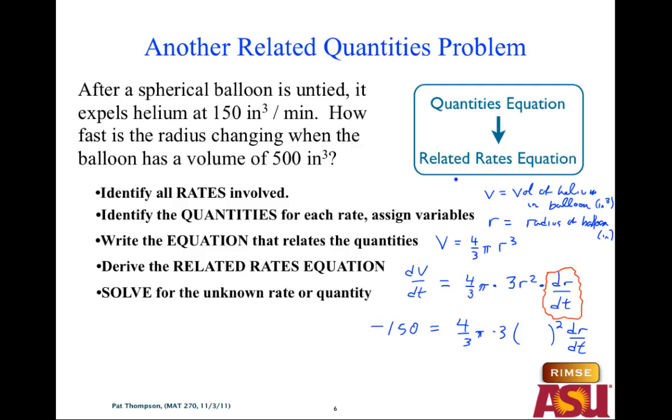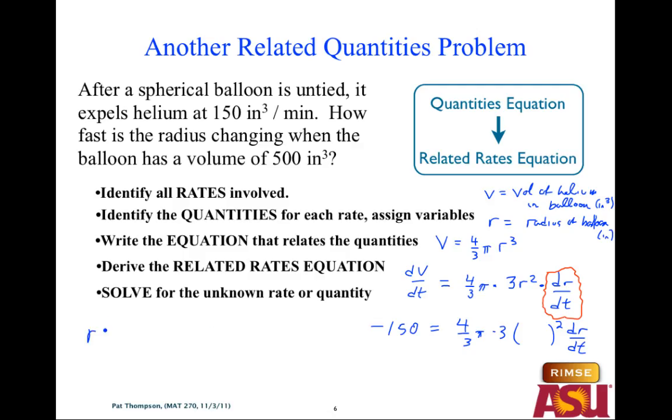Right. So looking back here, we know the volume is 500. This will allow us to solve for the radius corresponding to a volume of 500, and therefore the radius at the time when we need the rate. Okay? So what are we going to do? We're going to do 500 times 3 divided by 4 pi, cube root. So a little side work over here.